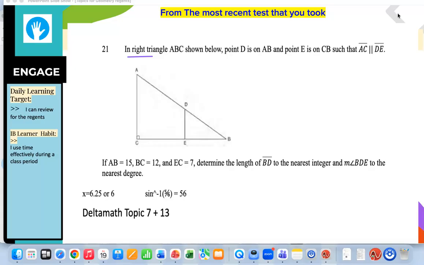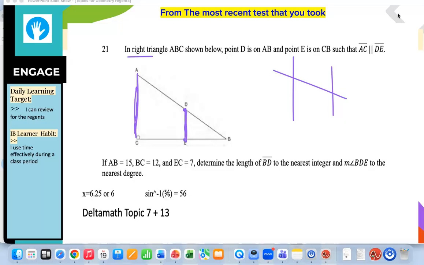Right triangle ABC. So they're automatically telling you that it is a right triangle. Point D is on AB, and point E is on CB, such that this line is parallel to this line. So you should automatically start thinking about the relationship.